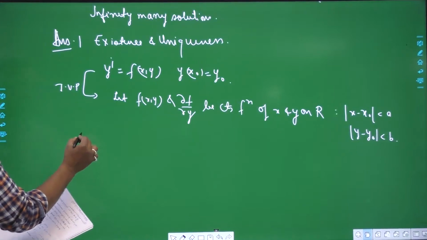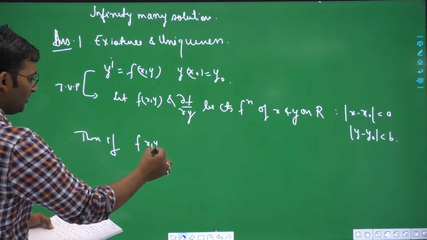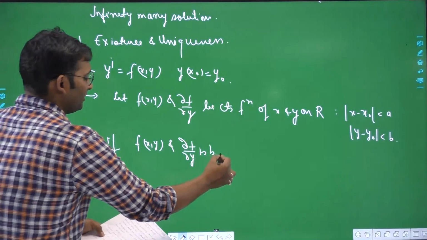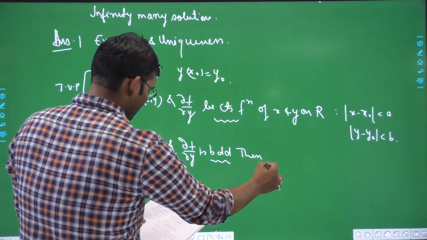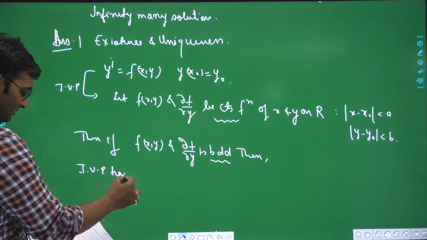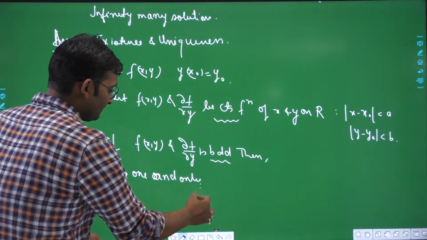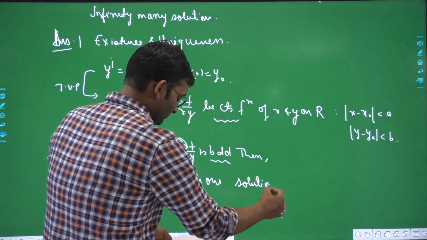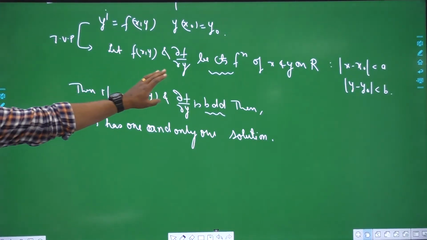Then, if f(x, y) and del f upon del y are continuous and also bounded, then the IVP has one and only one solution, that is, it has a unique solution.